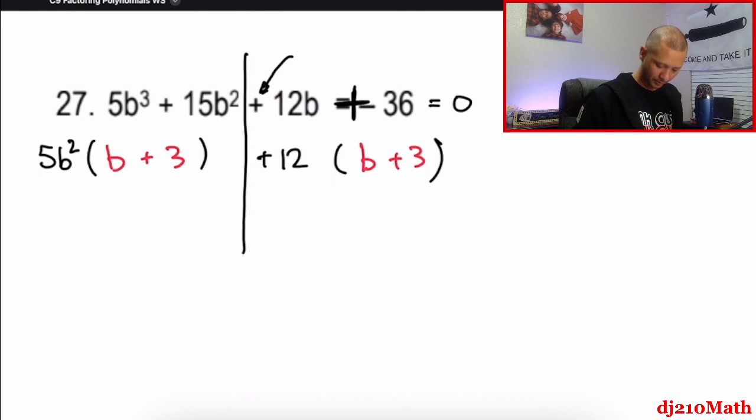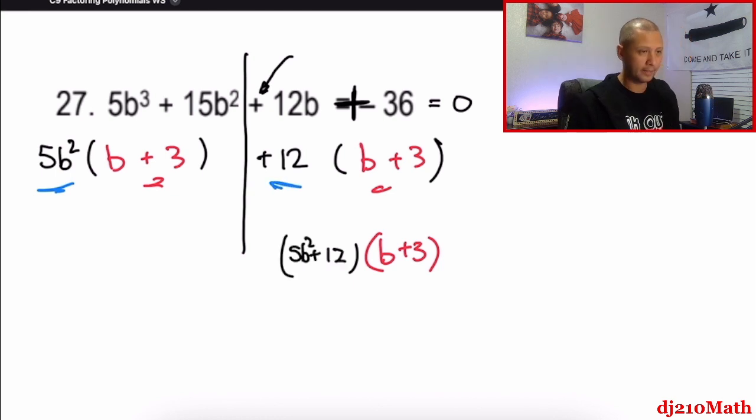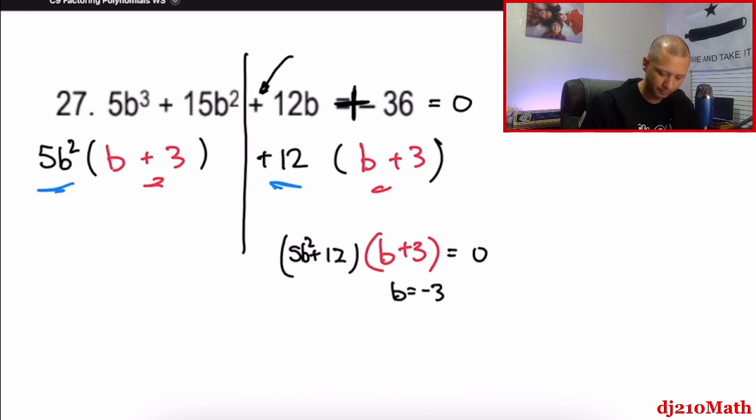Okay, collecting the inside parts. B plus 3 is a factor. The other parts, 5b squared plus 12. Equals 0. When we're solving, it's always equal to 0. So b plus 3, that's easy. B is equal to -3. 5b squared, however, plus 12.